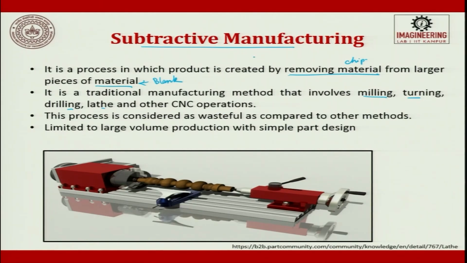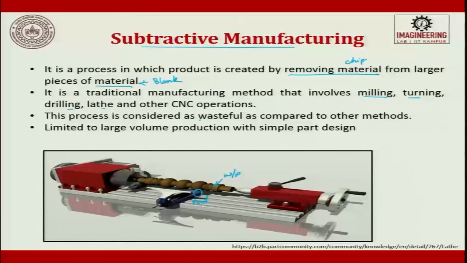Here the most basic understanding is the workpiece has to be softer than the tool, or I will put it, the tool has to be harder than the workpiece, and the tool is given a relative motion to generate whatever geometry you want. This process is considered wasteful as compared to other methods, because you first spend a lot of energy in creating a blank, and then you spend a lot of energy in removing the chip from the blank to produce the part.